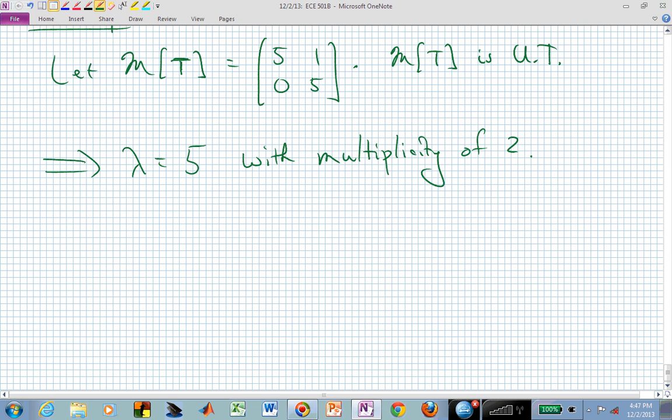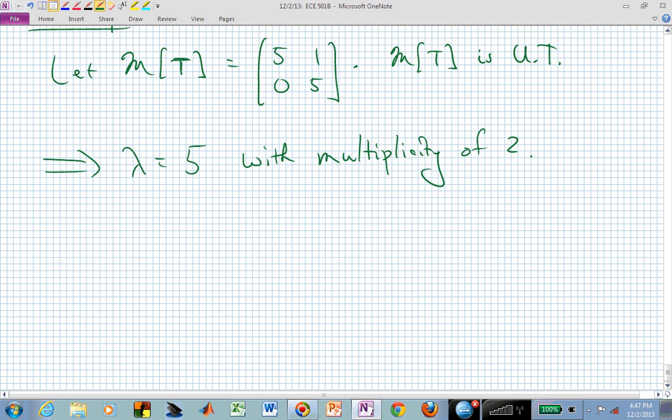In this case, we have it in Jordan form. We have a 1 on the superdiagonal, or 1 off the diagonal, and that's causing us this difficulty in terms of getting distinct eigenvectors for this repeated eigenvalue of 5.